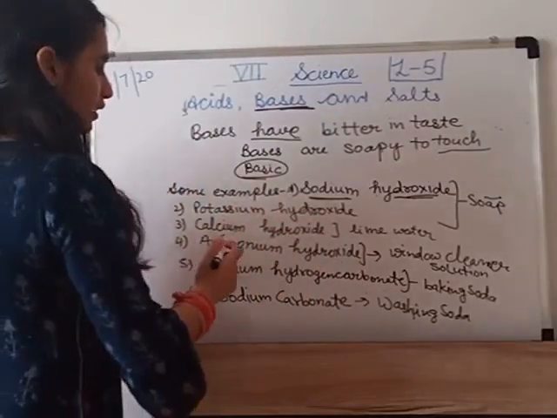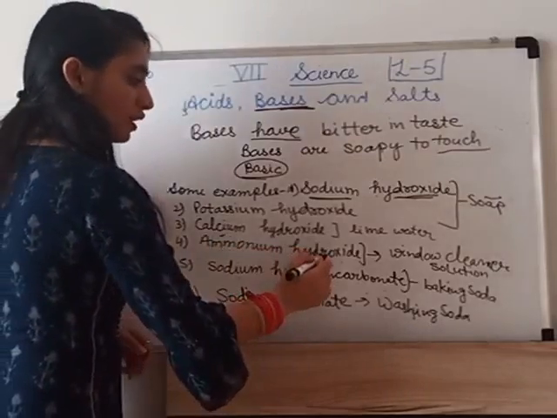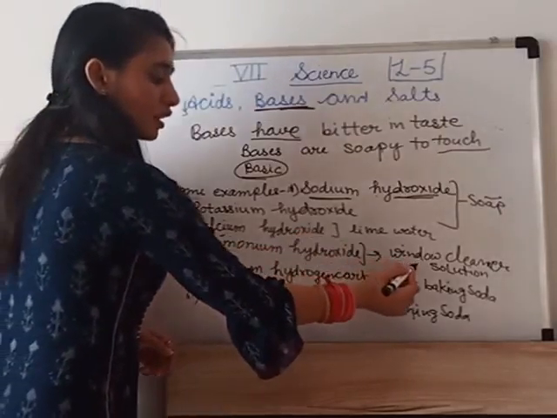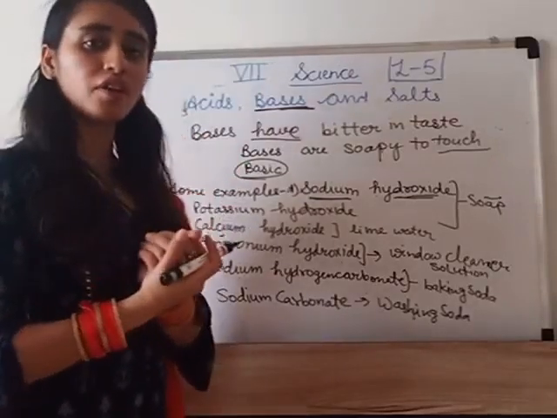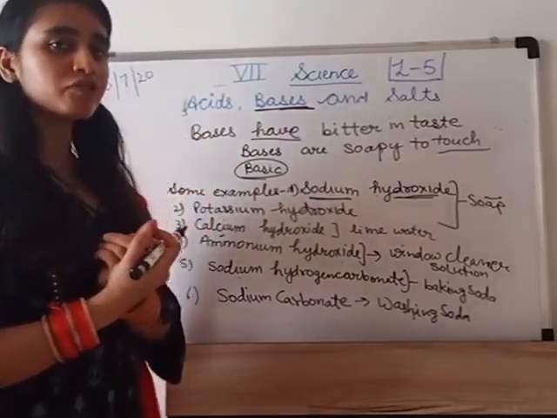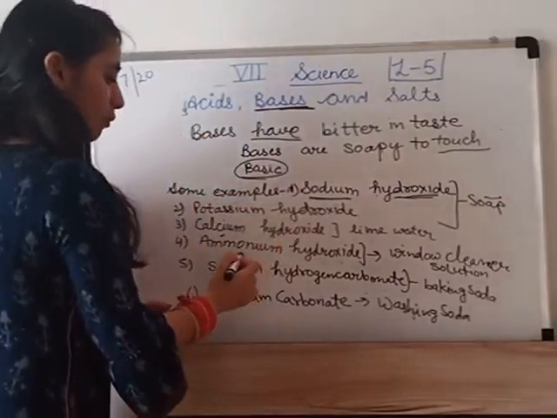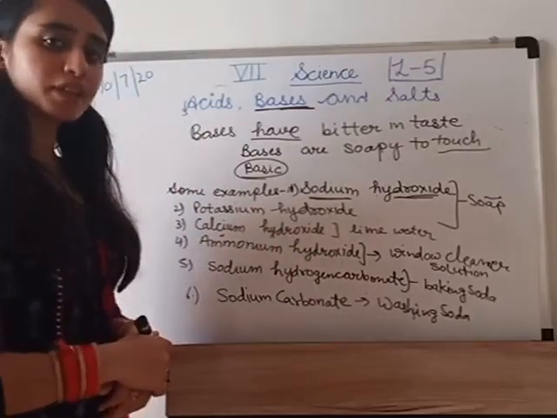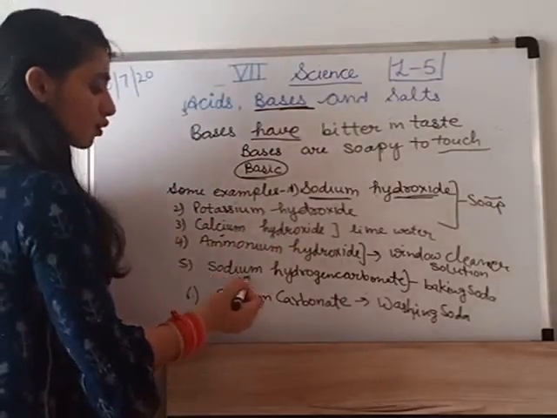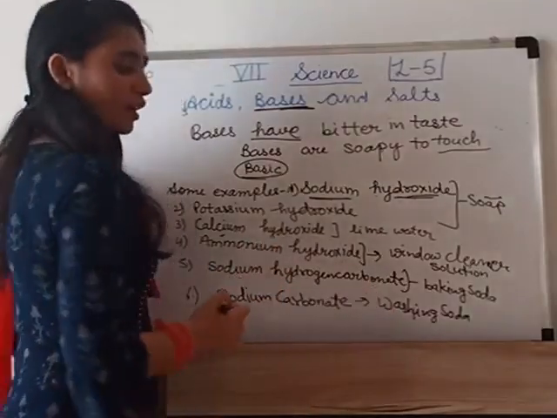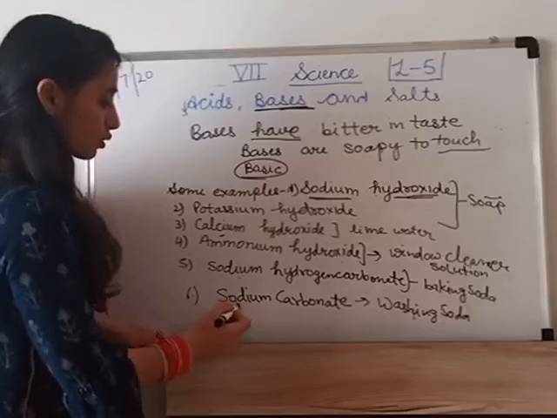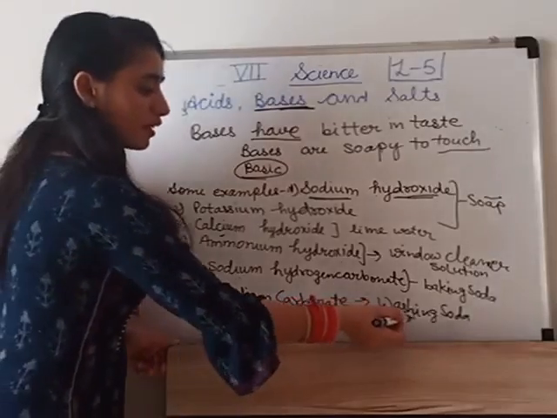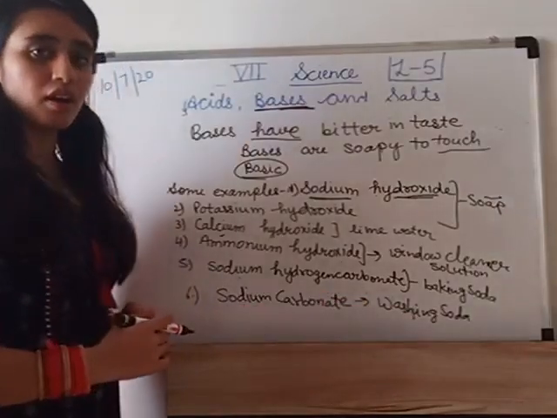Okay, and ammonium hydroxide is present in the solution we use for our windows, that type of solutions in which ammonium hydroxide is present. Next, sodium hydrogen carbonate is present in baking soda. Sodium carbonate is present in washing soda.